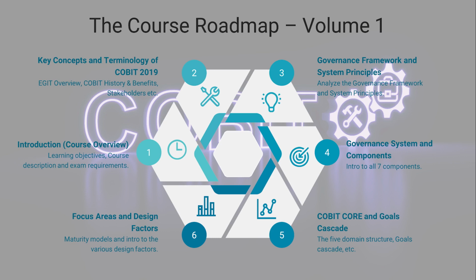Finally, we'll talk about focus areas and design factors. These are new and introduced in the COBIT 2019 framework. These elements typically aid the alignment of the framework to your organization's specific needs. So we'll explore what focus areas are and what the various design factors are. That should conclude Volume 1.